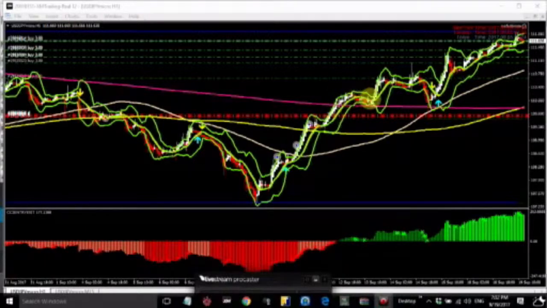When the candlesticks come below it this way, this is your entry, because you want to buy above the moving average 200. So when this Bollinger Band is also above the 200, then we are up, we should be buying.